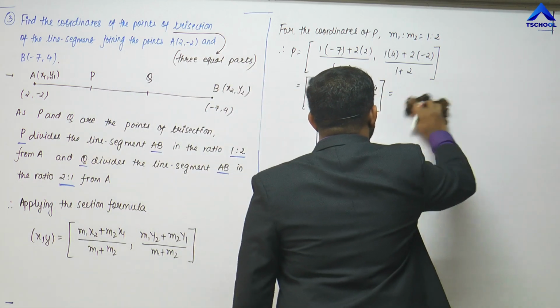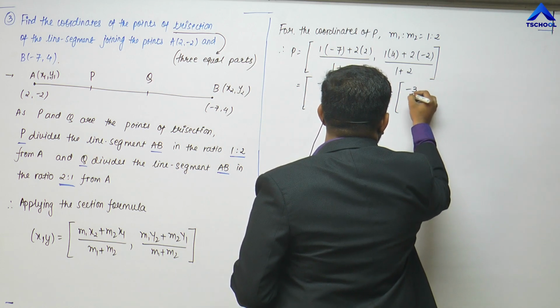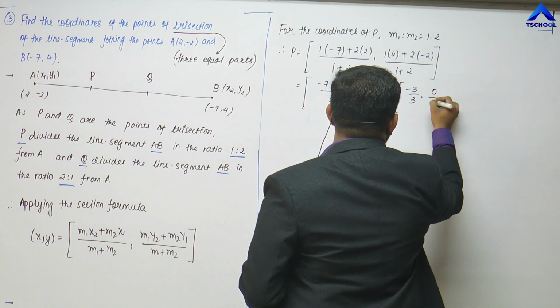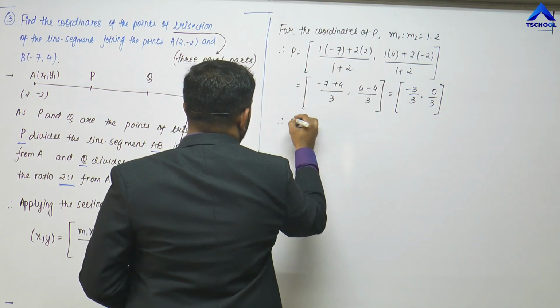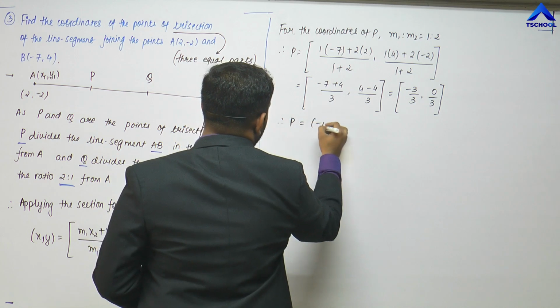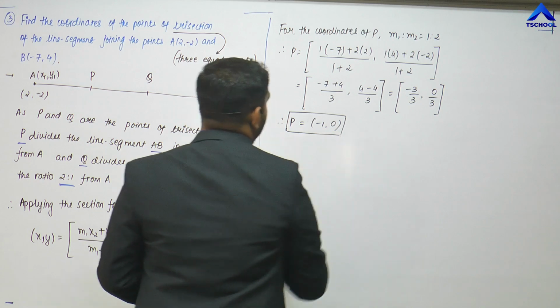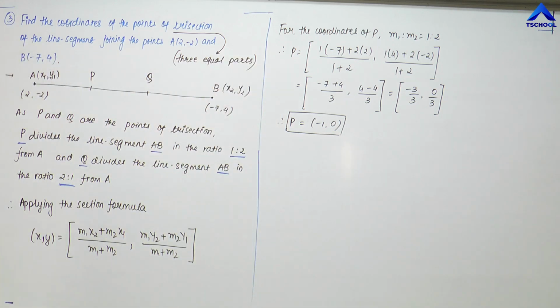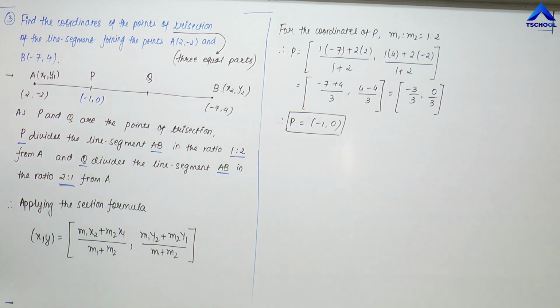If you don't understand, let me write one more step, that is minus 3 by 3 comma 0 by 3. Therefore, coordinates of P are minus 1 comma 0. So we got the coordinates of P as minus 1 comma 0.